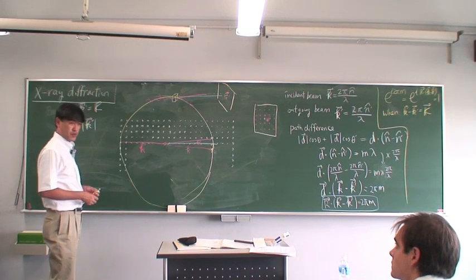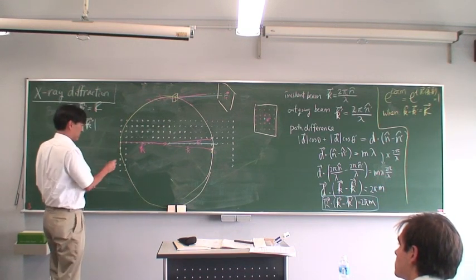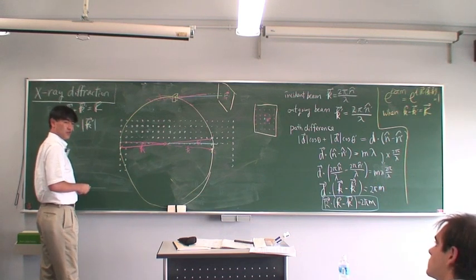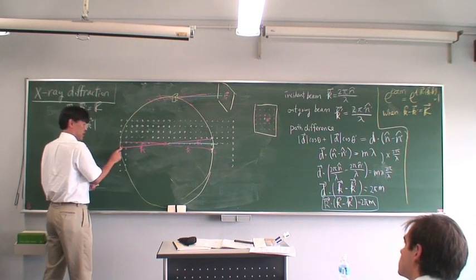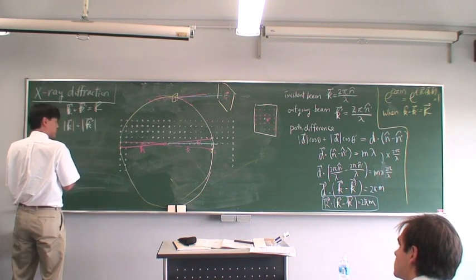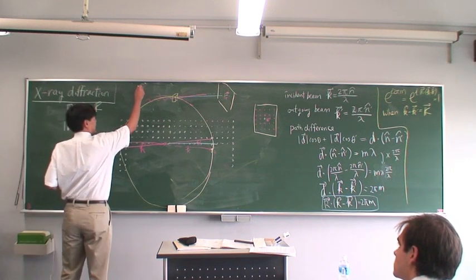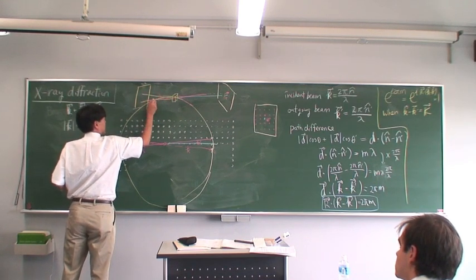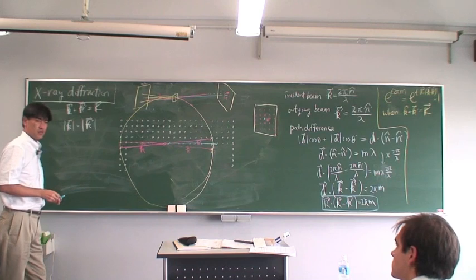Also, there are other directions that you get diffraction. Of course, you know, this direction too, because k plus k prime is a reciprocal lattice vector. So if I had a screen on this side, you also get a similar pattern, right?